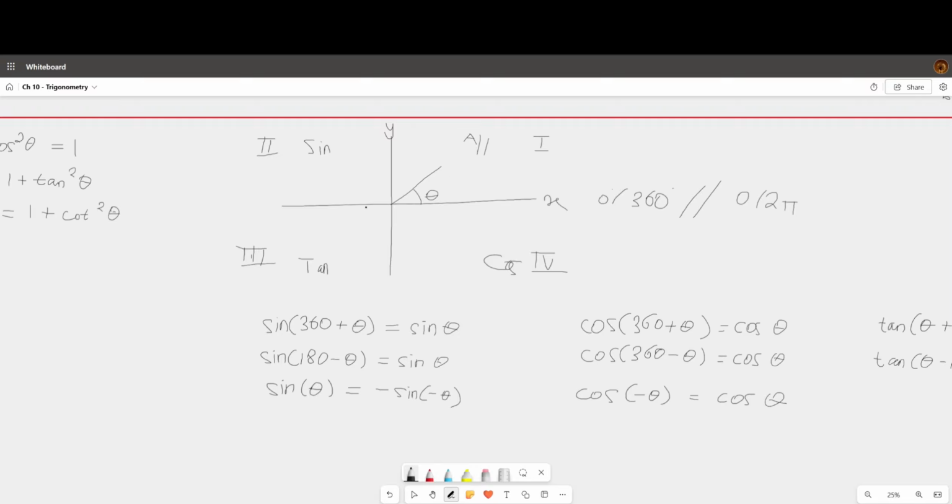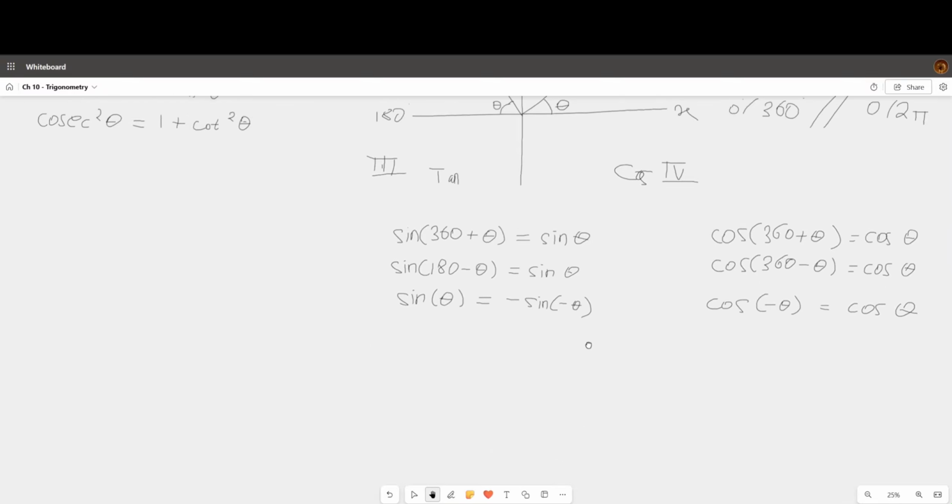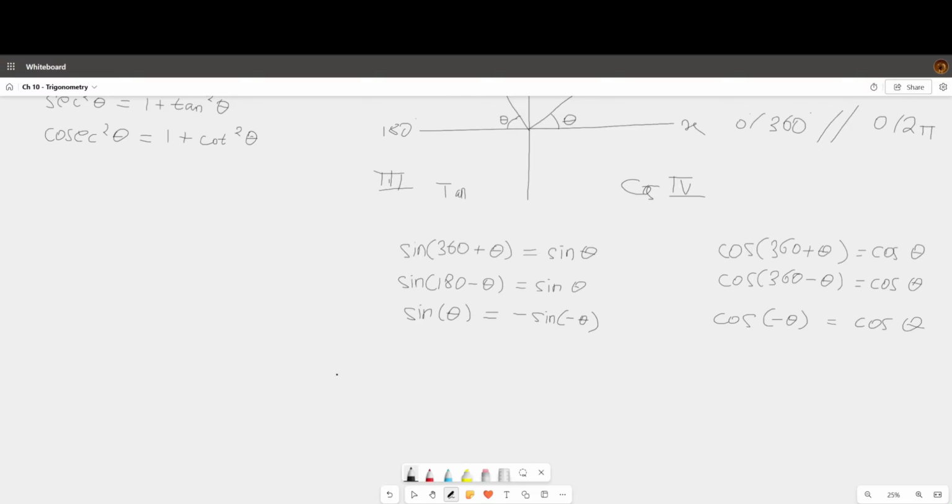And from this line of 180 degrees, if we have another angle theta in the opposite direction, like this, then sine of (180 minus theta) is equal to sine theta. So let's say theta is equal to 45, for instance.